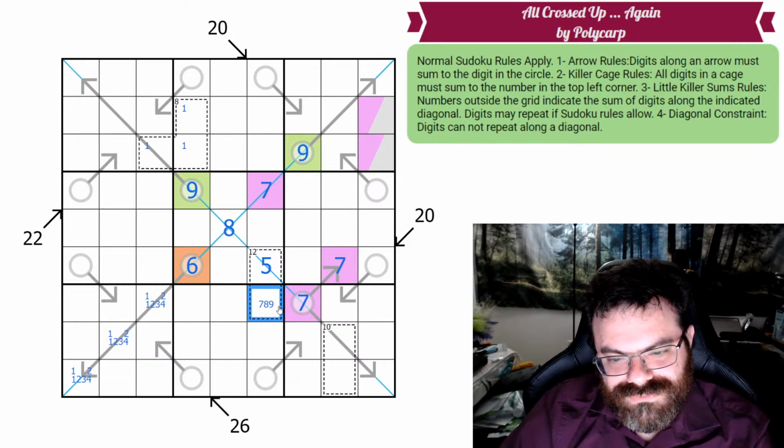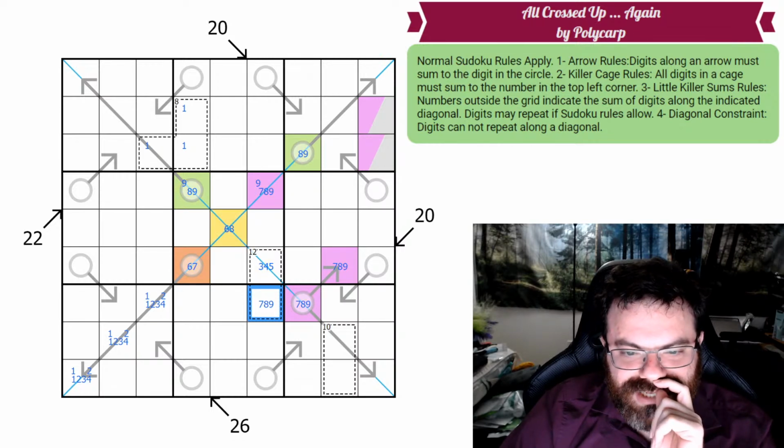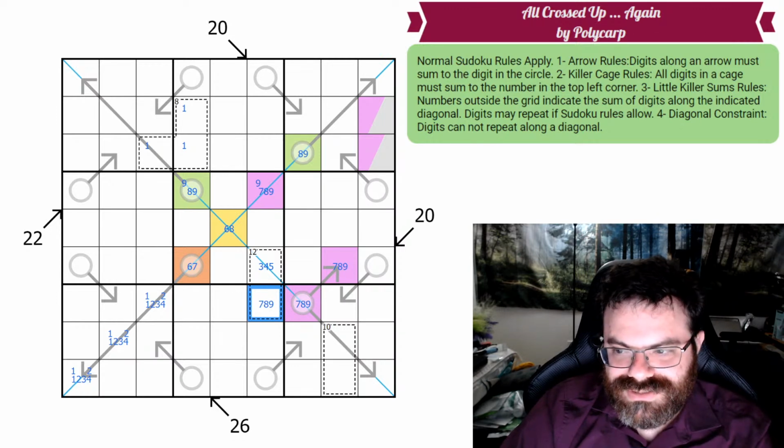And then to add to 12, we'd need another 8. No. We need the 7. And that breaks. I don't quite know why, but that 12K just keeps on breaking. So that means this is 6.